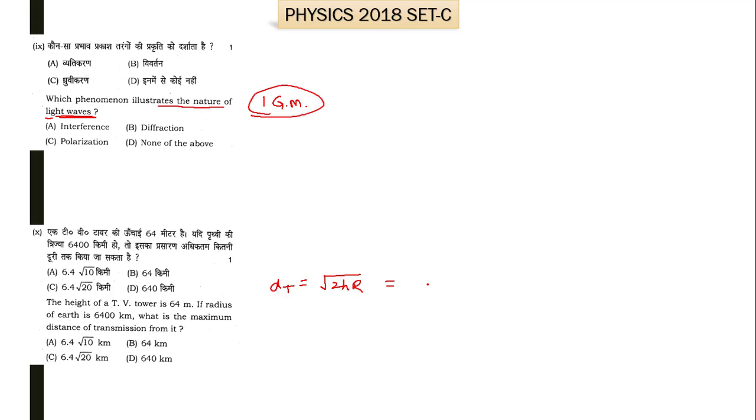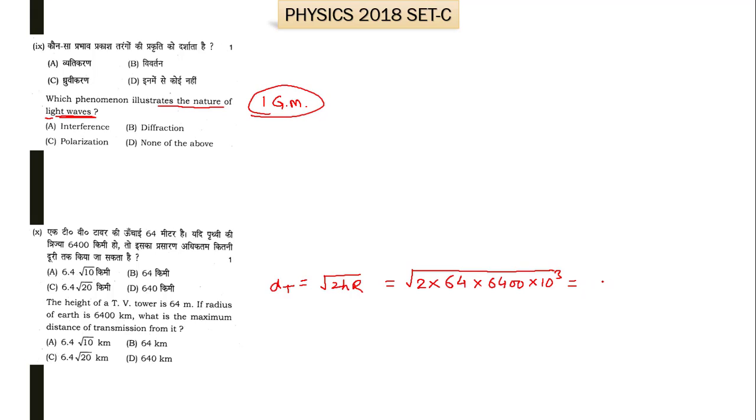So here it is given that the height of the tower is 64 meter and the radius of earth is 6400 kilometers, meaning 10 raised to the power 3 is there, and square root is there, somewhat like this.